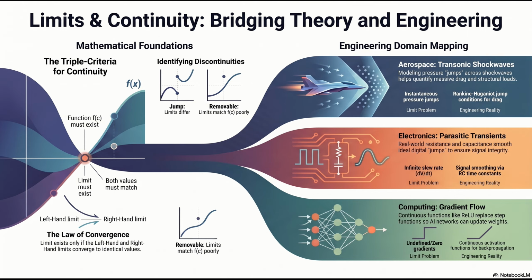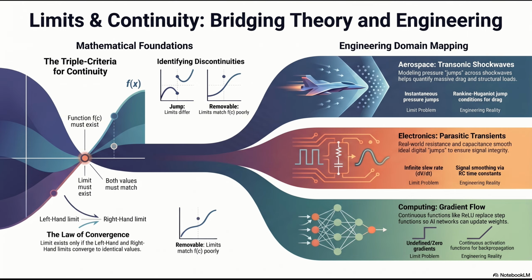So aerospace engineers looking at the shockwave make a really fascinating decision. They model it as a literal mathematical discontinuity, a broken bridge. Which seems counterintuitive, right? Yeah. They treat the air immediately in front of the shockwave and the air immediately behind it as having completely different values that do not smoothly connect. But by modeling it as a jump discontinuity, it allows them to utilize a specific set of physics equations called the Rankine-Hugoniot jump conditions.